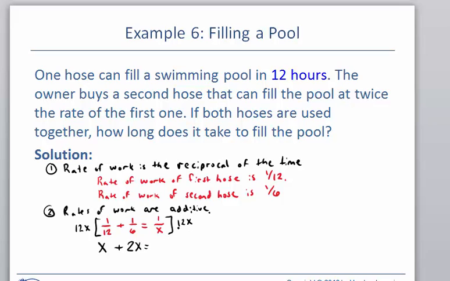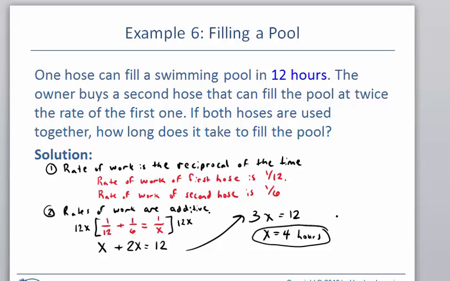And on the right-hand side, the x's would cancel, leaving me 12. So I have x plus 2x, which is 3x, equal to 12, and so the x would equal 4. Now remember, the 4 is the time using both hoses that it will take to fill the pool. So we're looking at 4 hours if we're using both hoses.